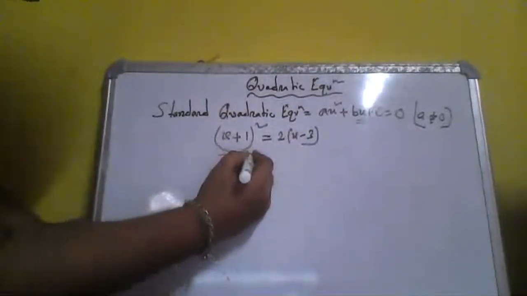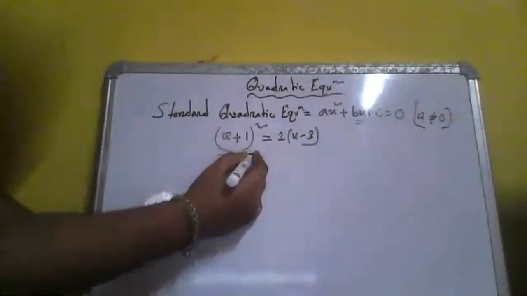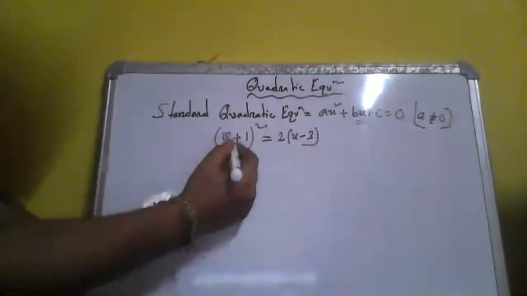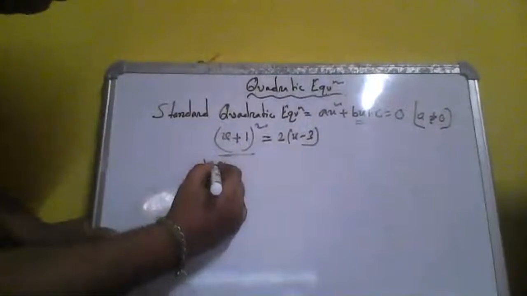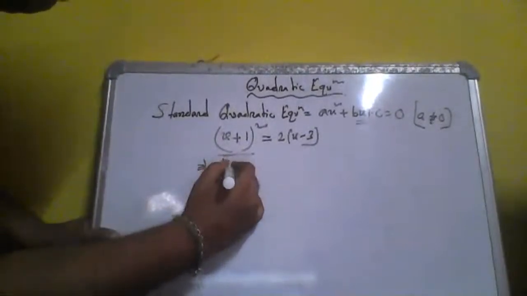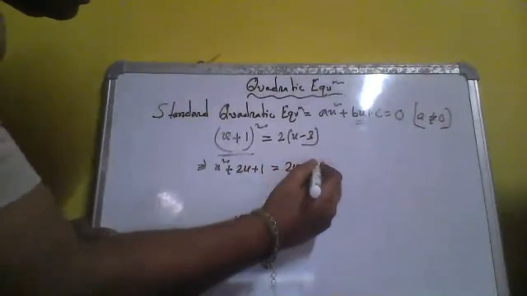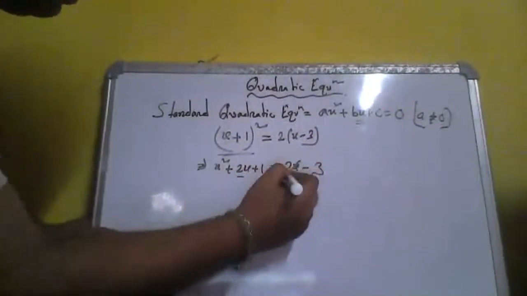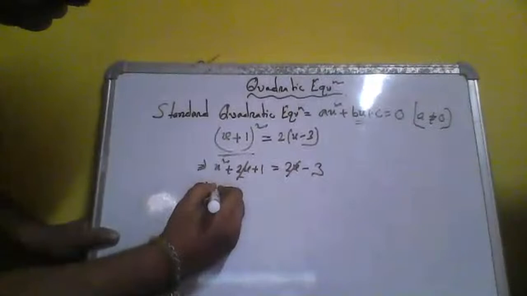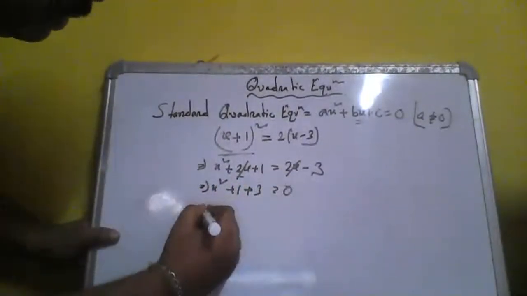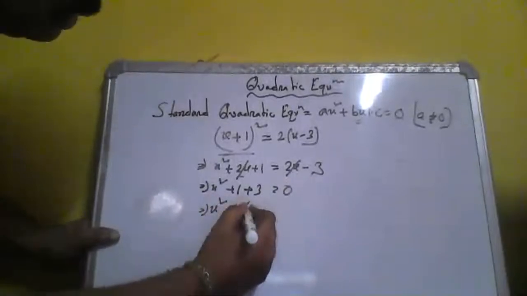This x plus 1 whole square is the a plus b whole square formula, so x square plus twice x plus 1 equal to twice x minus 3. This twice x cancels, then x square plus 1 plus 3 equal to 0. That means x square plus 4 equal to 0.